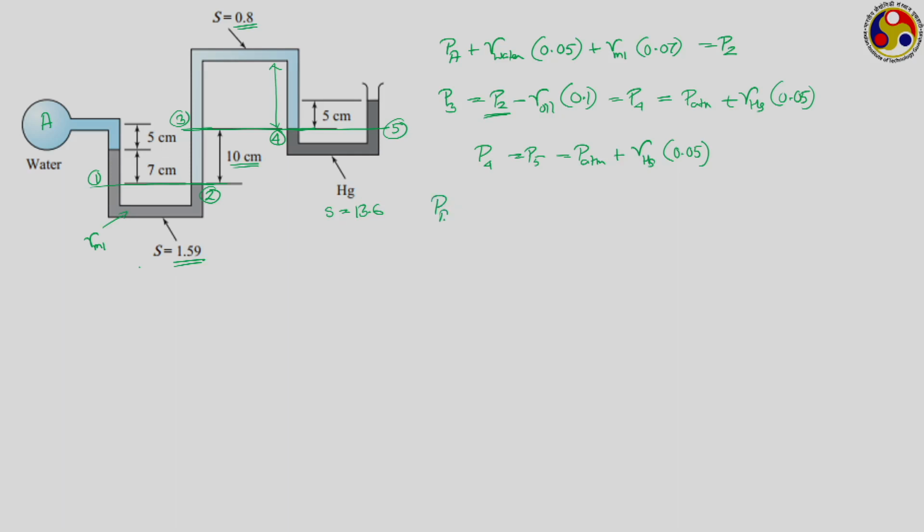So, we are having Pa plus gamma water into 0.05 plus gamma of the first manometric fluid into 0.07, which becomes P2 minus gamma oil into 0.1, is equal to atmospheric pressure plus gamma Hg into 0.05. From there you can separate out the terms to have Pa minus P atmospheric on one side, everything else goes to the other side.